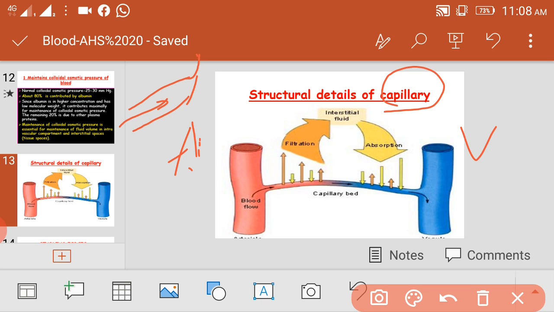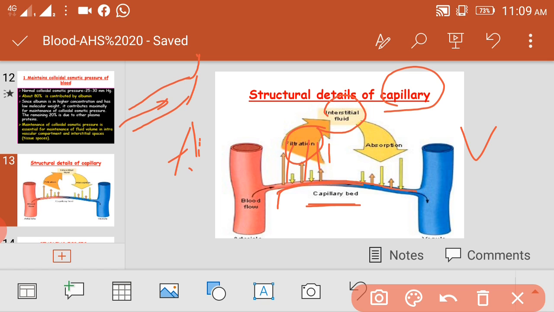Now the blood flows through the arterial end, and while flowing through the capillaries, the capillary bed, filtration takes place from the blood. The important nutrition, minerals or anything, goes from the blood to the interstitial fluid or to the cells.